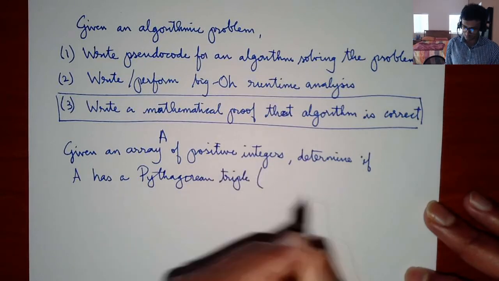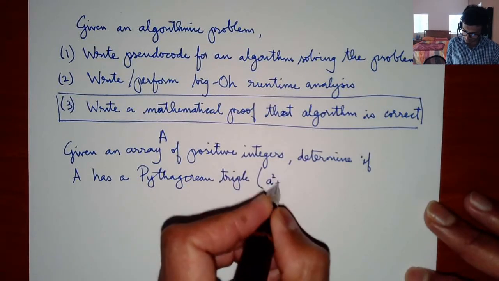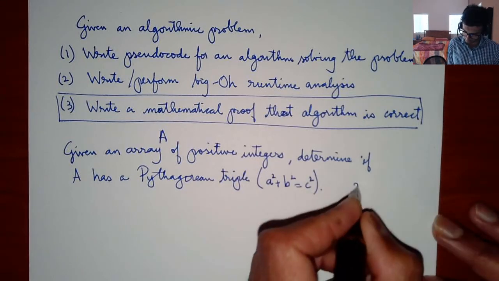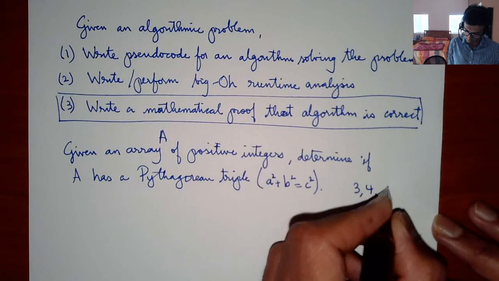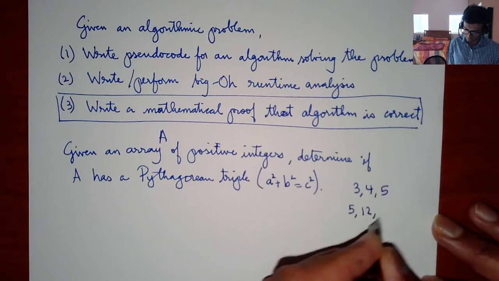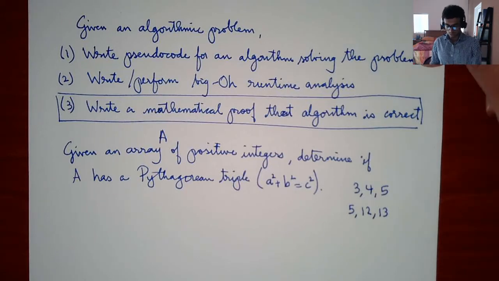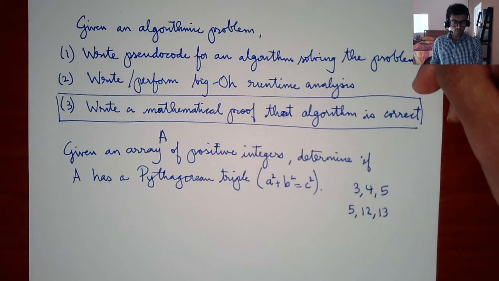What is a Pythagorean triple? It's numbers A, B, and C, so that A squared plus B squared is equal to C squared. So for example, 3, 4, 5, 5, 12, 13, for example. Given an array of positive integers, you have to determine if A has a Pythagorean triple. That is the problem. You need to write pseudocode and you need to perform a runtime analysis.